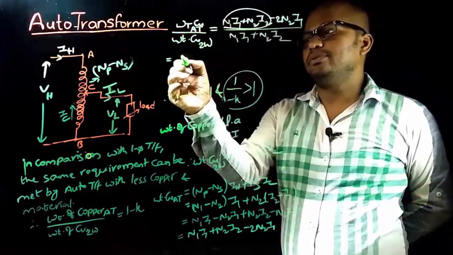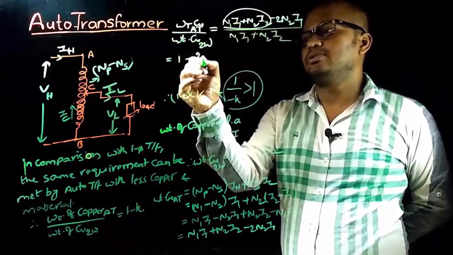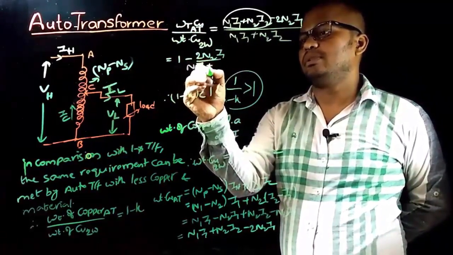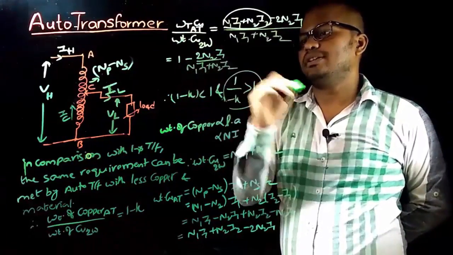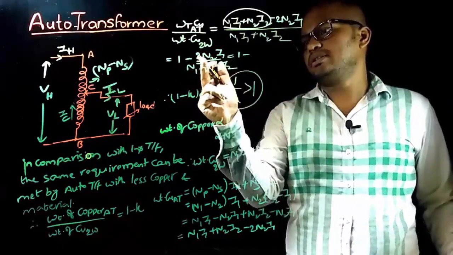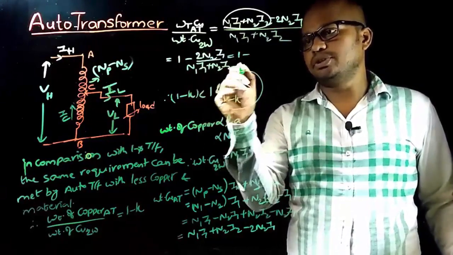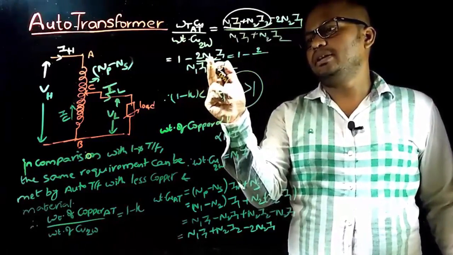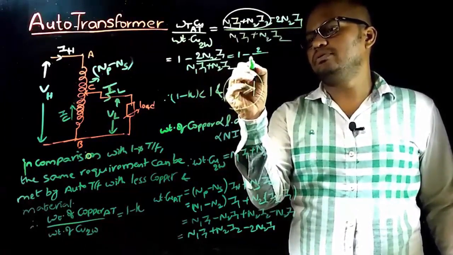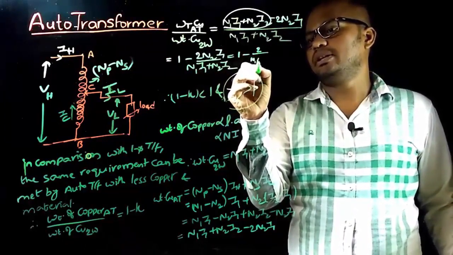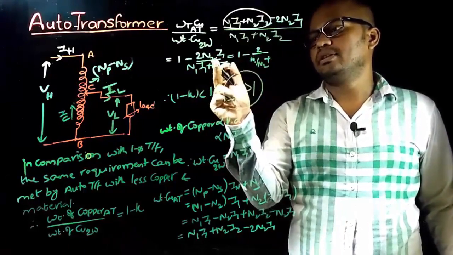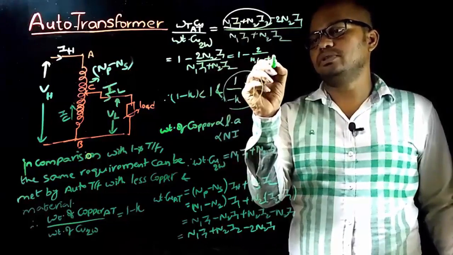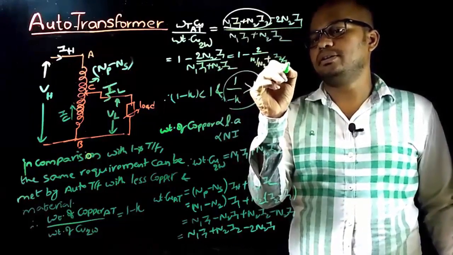This gives you 1 minus 2 N2 I1 by N1 I1 plus N2 I2. So that is equal to 1 minus 2 divided by, taking N2 I1 to the denominator, N1 I1 by N2 I1, which gives N1 by N2, plus N2 I2 by N2 I1, which gives I2 by I1.